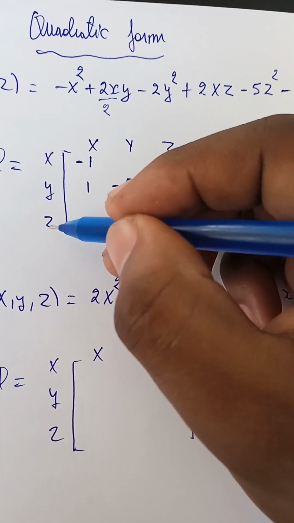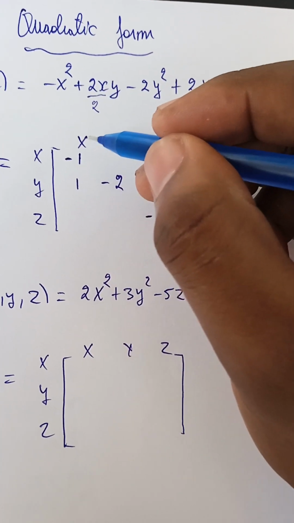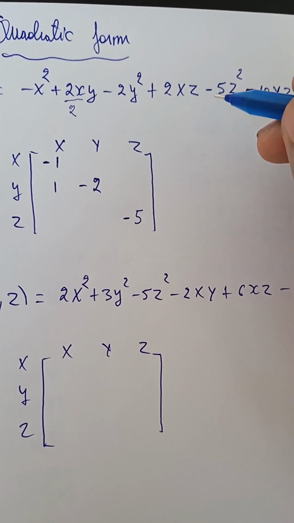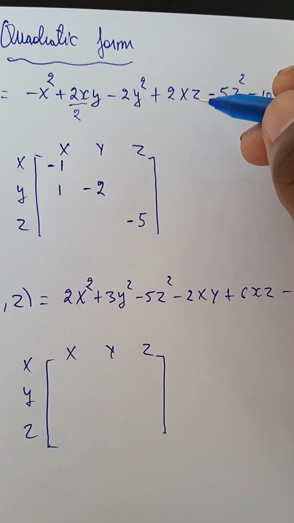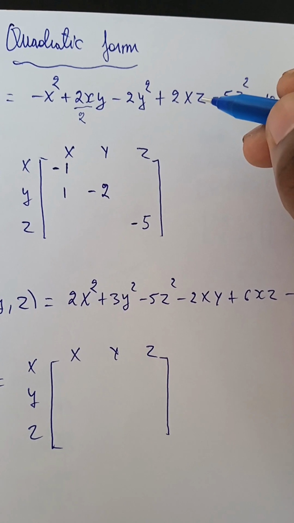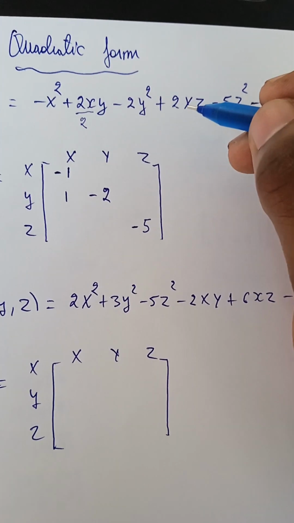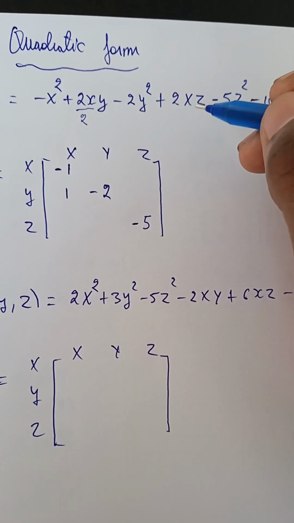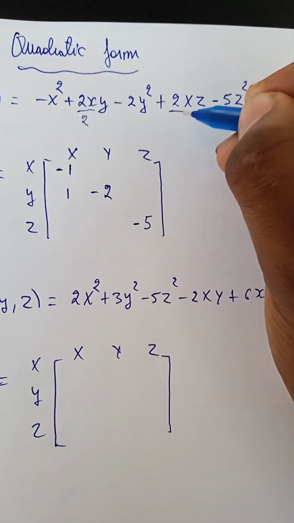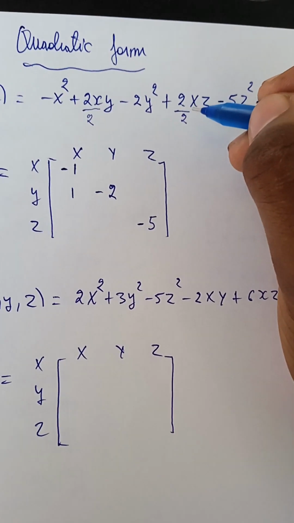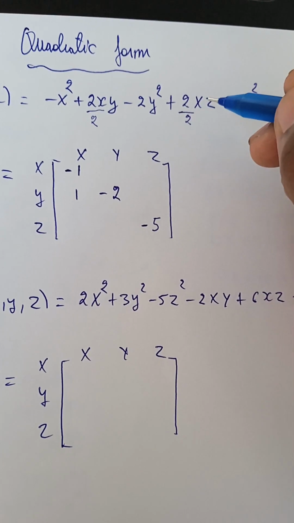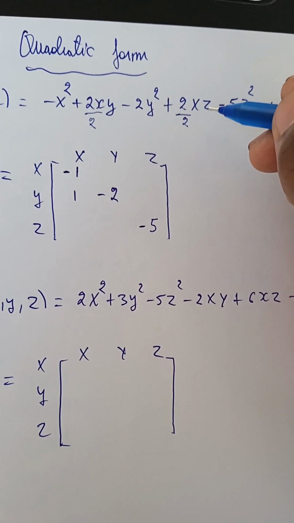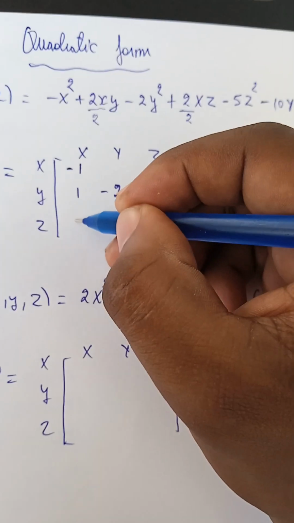Here we have z and x. We have 2xz, and as it is a multiplication, z can be here and x can be here. So the coefficient is 2 divided by 2, which is equal to 1. So the coefficient of x and z is 1. You put 1 here.